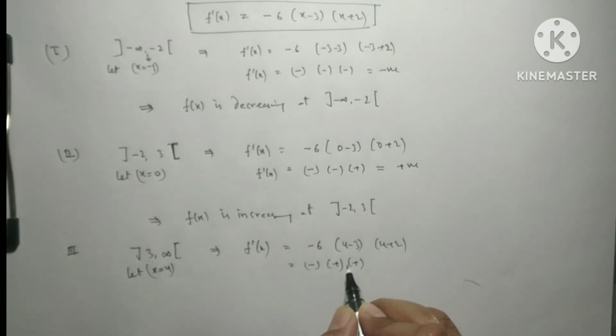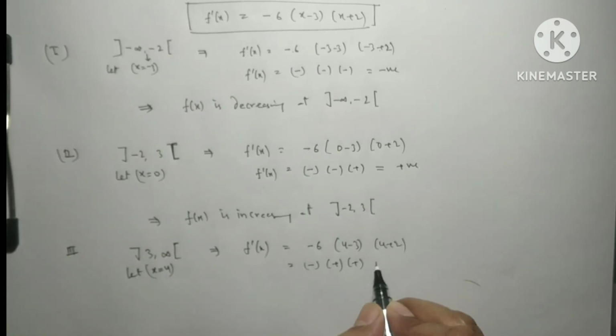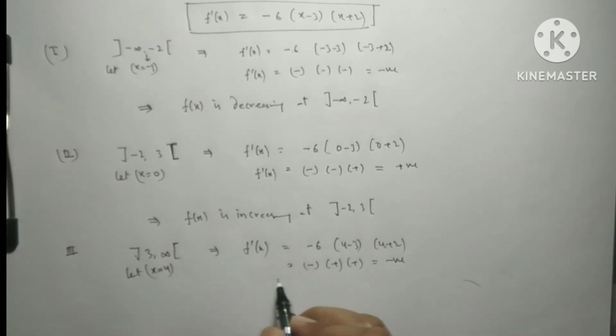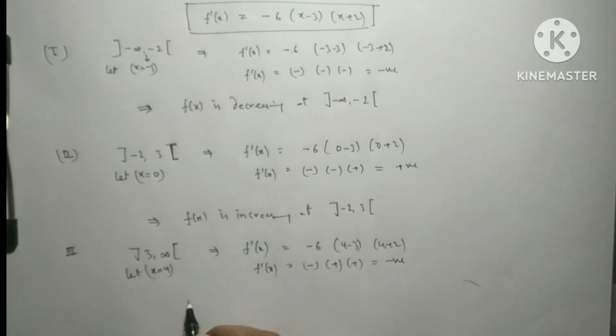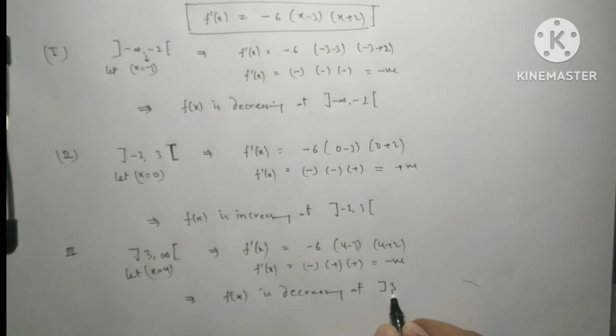So positive times positive and then with negative is negative. So we get a negative value. Now the first derivative is negative and it indicates the function is decreasing on the third open interval 3 to infinity.